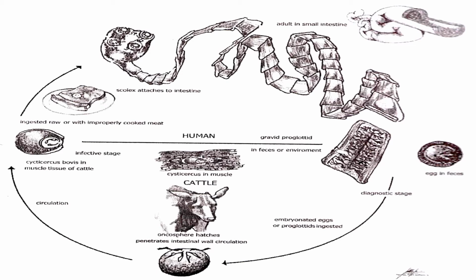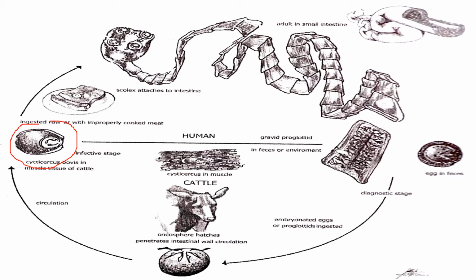As you can see, the morphology of the cysticercus, guys, it contains a muscular organ with a bladder-like sac, covered with a sac filled with fluid.